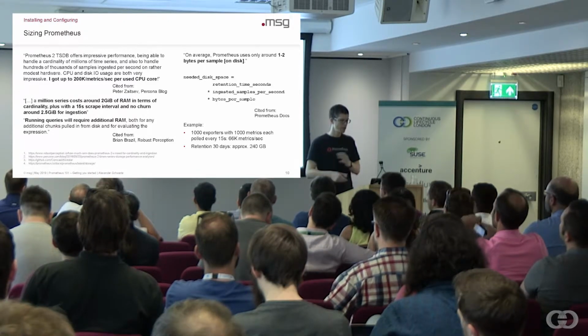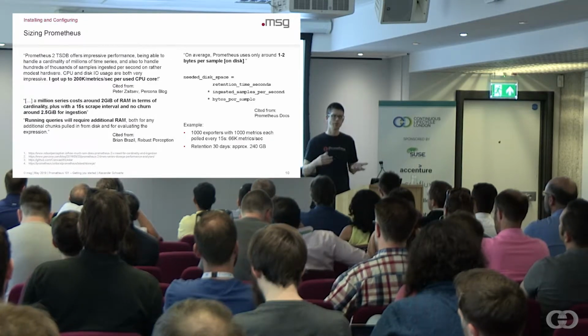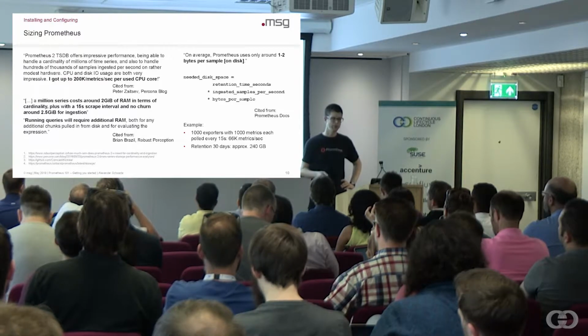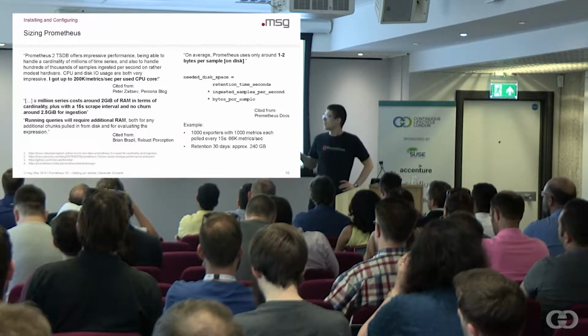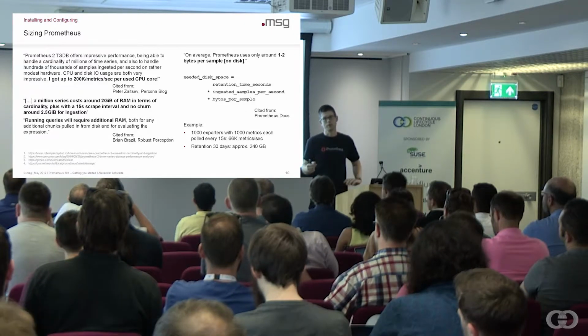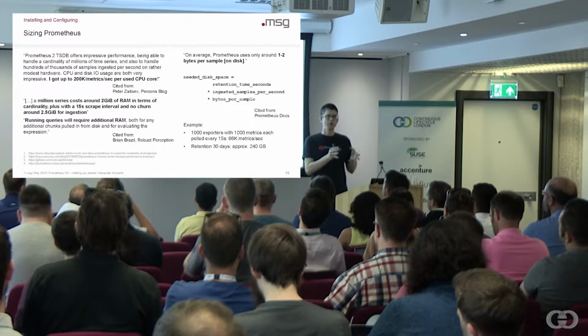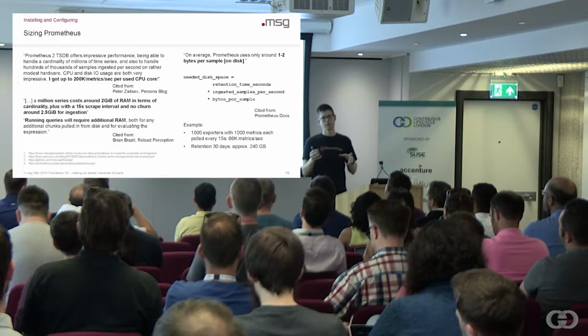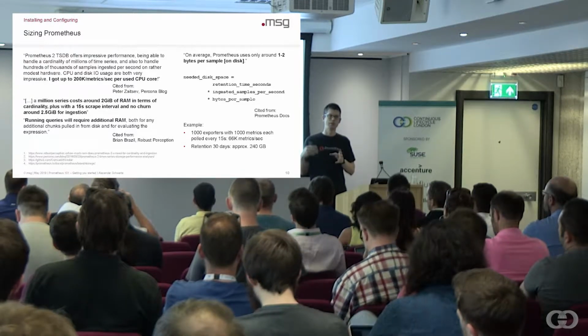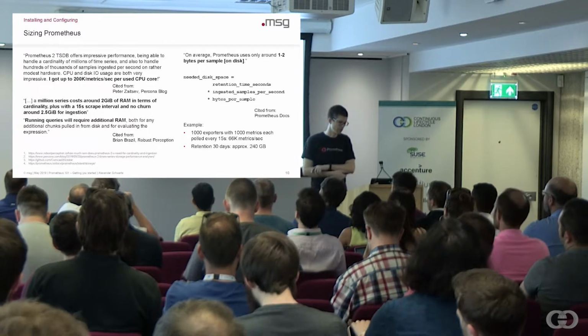That tells you 1 million series cost around 2 gigabytes of RAM when you scrape them every 15 seconds, and you will need some more additional RAM if you do dashboards. So one part of RAM will be allocated by the metrics being collected, and another part of the RAM will be used by caching the metrics and calculating dashboards on top of them.